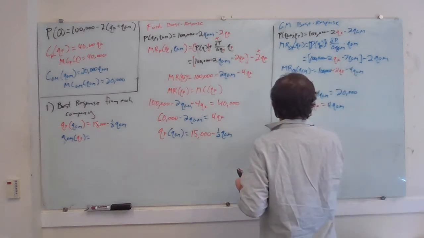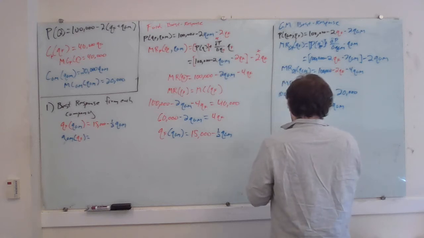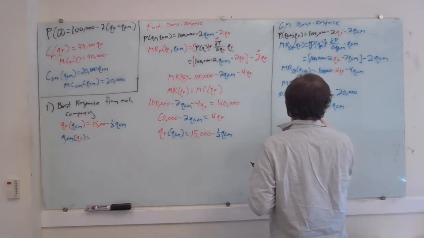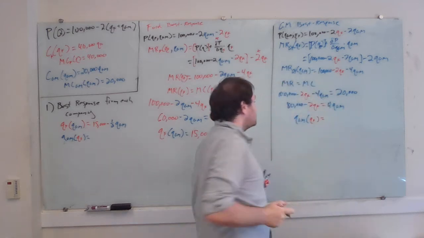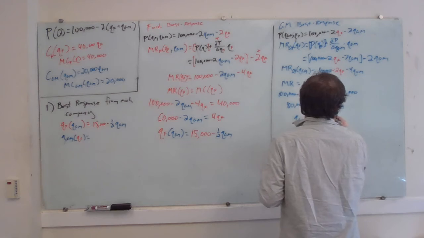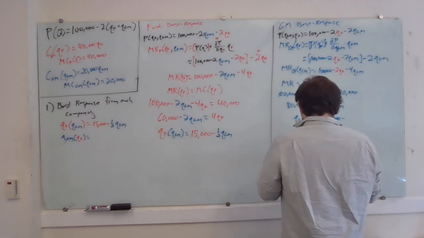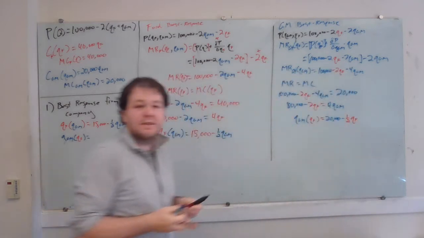So QGM as a function of QF has to equal 80,000 over 4, which is 20,000, minus 1/2 QF. Beautiful. And this is GM's best response to Ford.